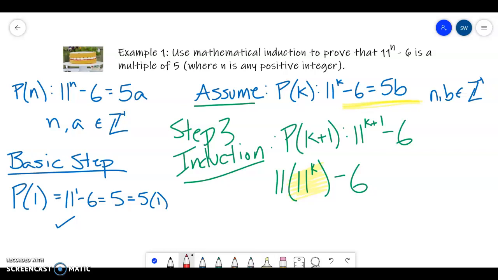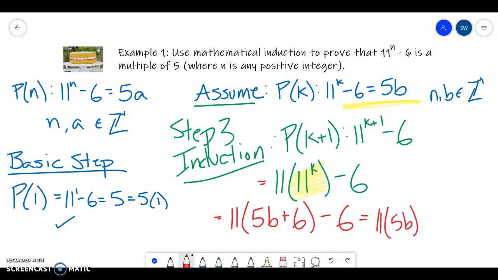From our assumption step, we can substitute in 5b plus 6. So we can distribute here, and that would give us, we'll just leave it as 11 times 5b, plus 66 minus 6.